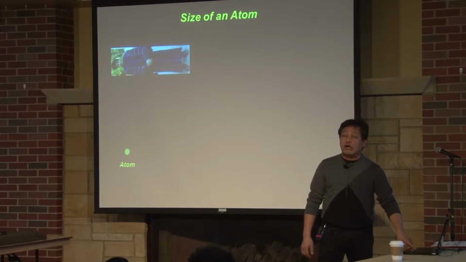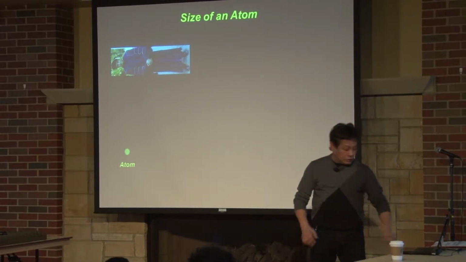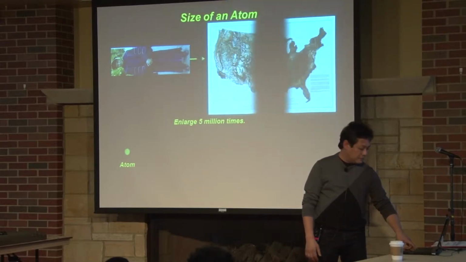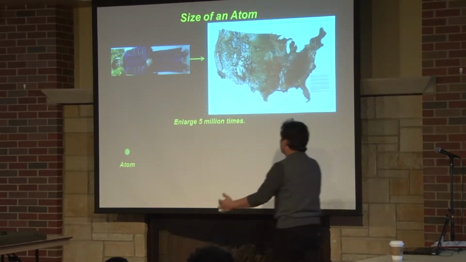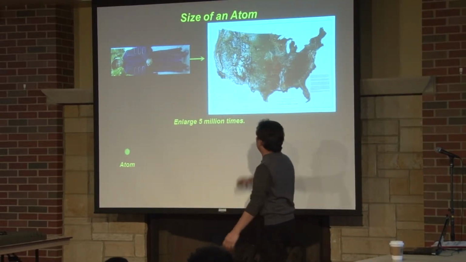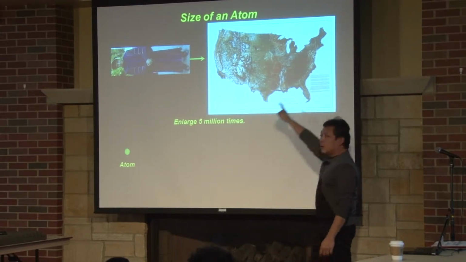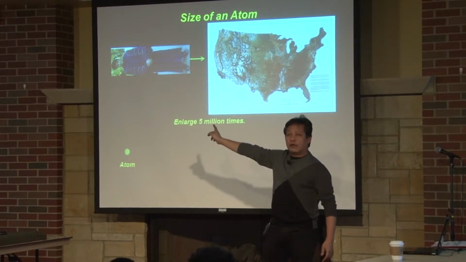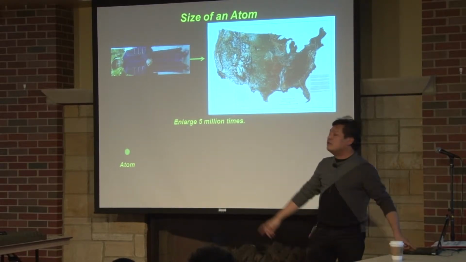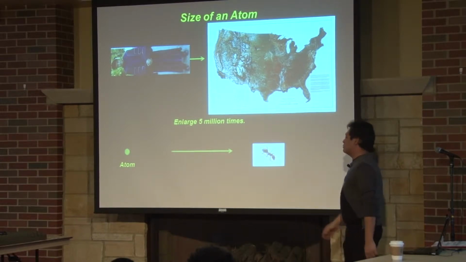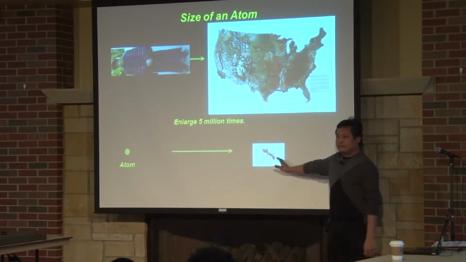Because I'm going to enlarge myself 5 million times. If I enlarge my height 5 million times, I will be the length of the United States from east to the west coast, approximately. And if I enlarge that little atom 5 million times, we will get to the size of about an ant.